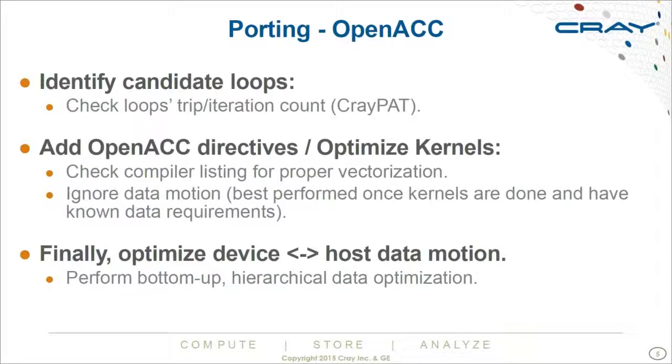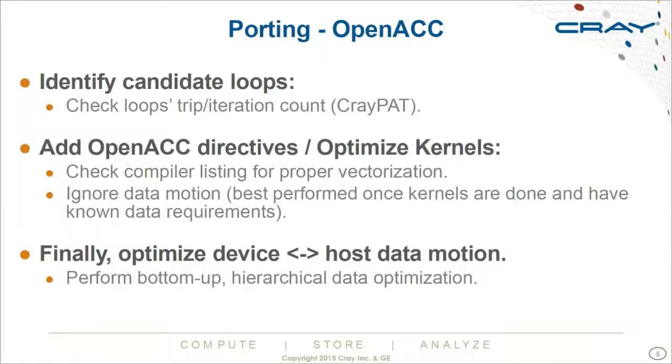And I think the point that I'd like to make here is that I find it's a lot better to do the OpenACC kernel creation and the OpenACC kernel optimization before you deal too much with data motion. I mean, sure, if you have 2, 3, 4 loops next to each other that reuse some of the same data, it's a no-brainer to wrap a data region around that in the beginning. Absolutely.